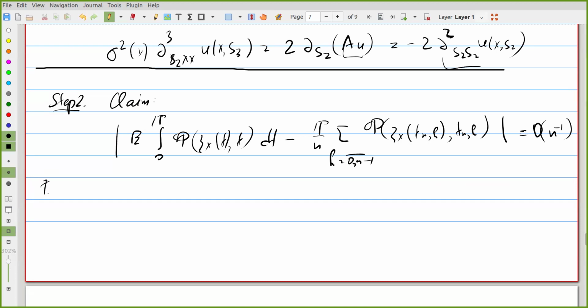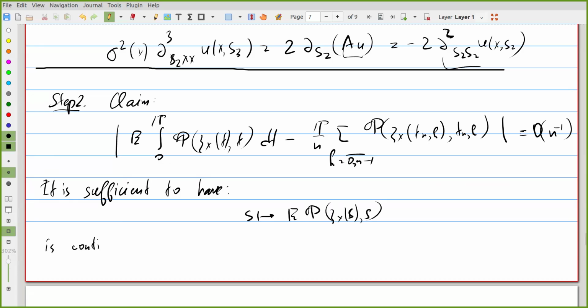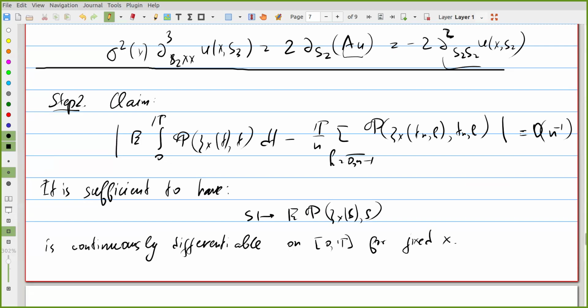It is sufficient to have that this function is continuously differentiable on 0t for fixed s, fixed x.